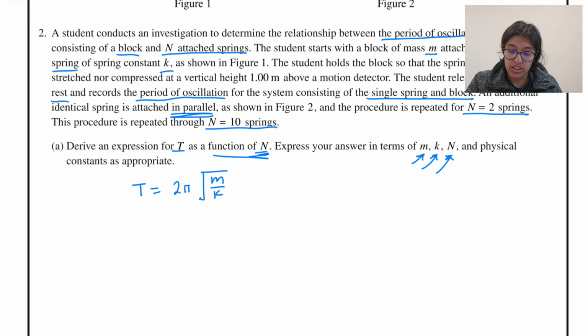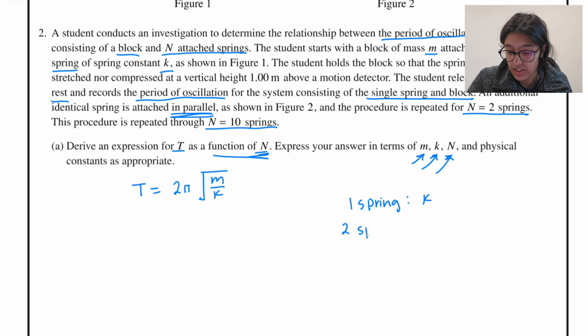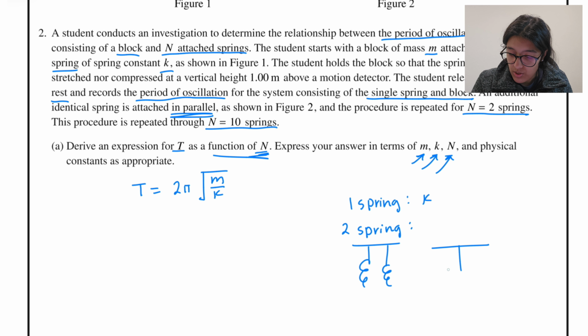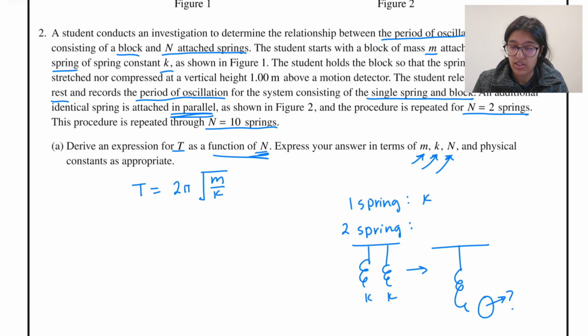If I consider just one spring, the spring constant of the whole entire scenario is going to be k. If I consider 2 springs, what is the spring constant of the whole entire scenario? So essentially, I know in this case I have 2 springs, right? If I just want to create a system where it's just one spring, what is that spring constant going to be?